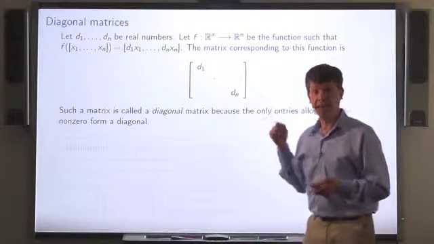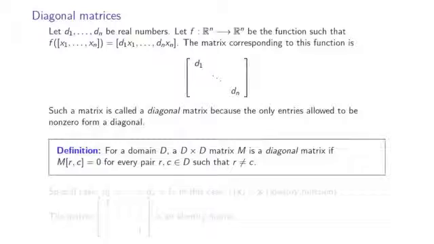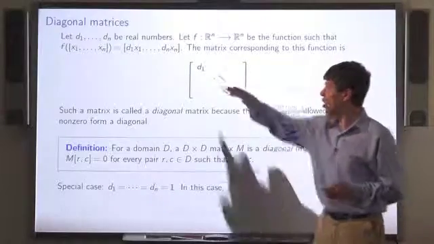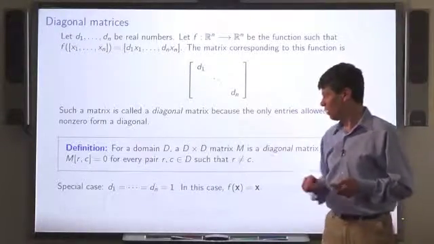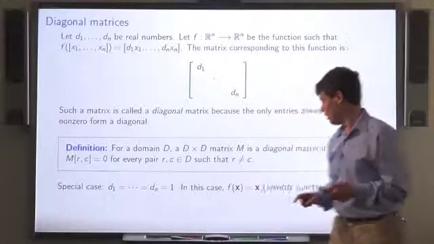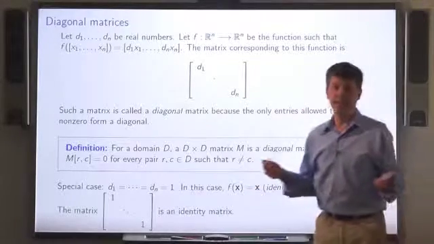This is called a diagonal matrix. All the entries off the diagonal are required to be 0. Now, a special case is where all the diagonal elements are 1. In that case, the function is the identity function, and the matrix is the identity matrix.